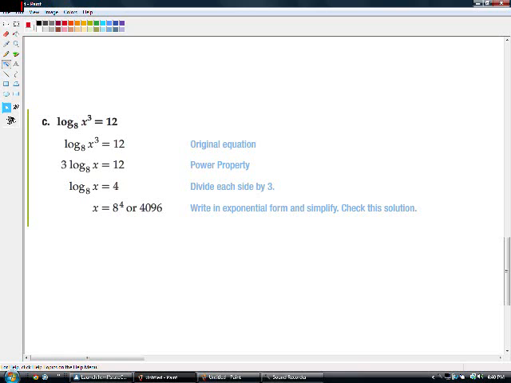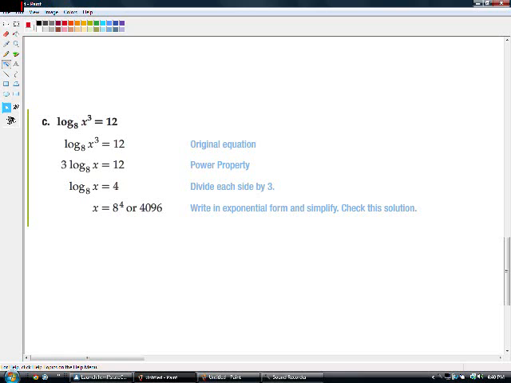Letter C. Log of 8x to the 3rd equals 12. We're going to move the 3, the exponent of x, over to the other side of log 8x. This is the power property.